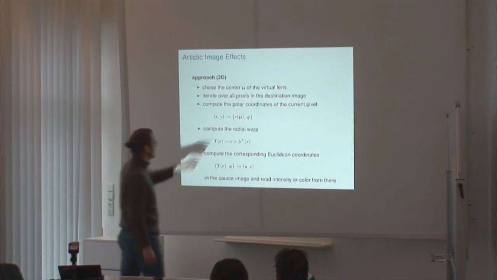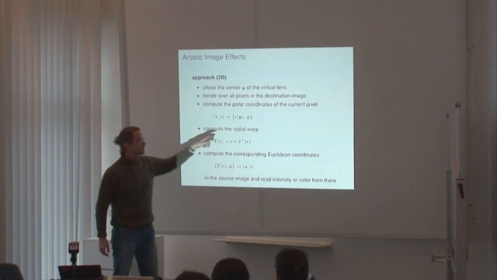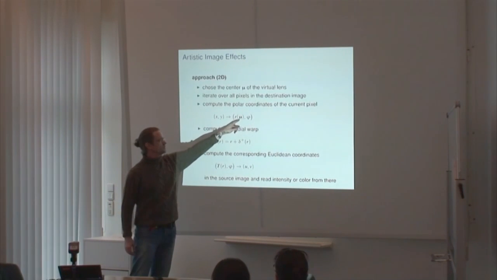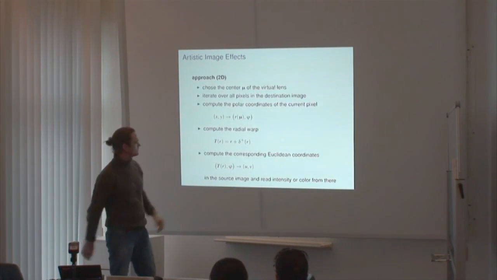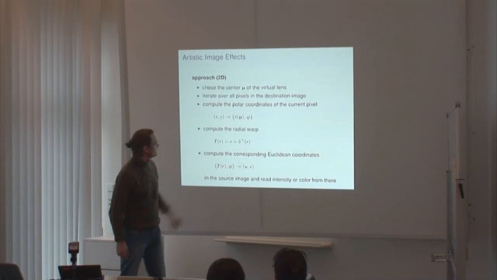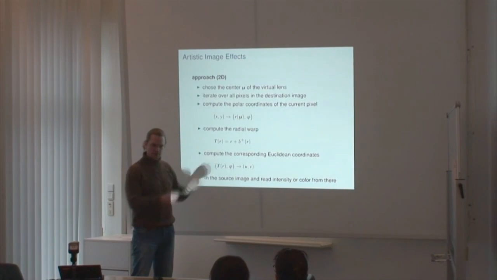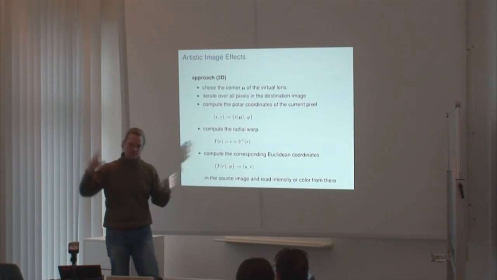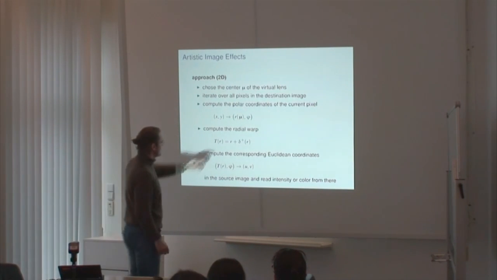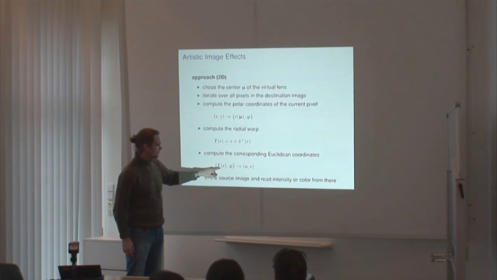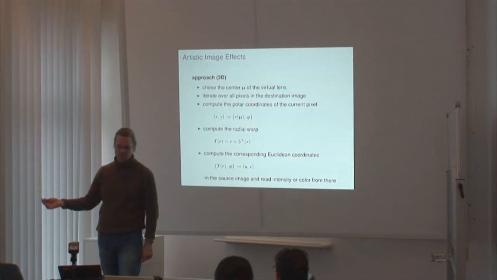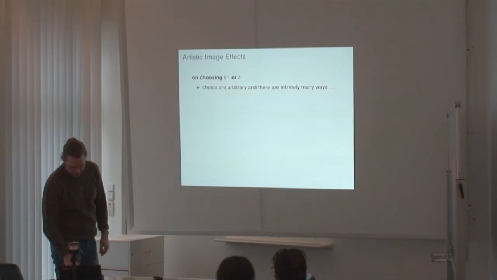They compute the angle phi and radius r of the current xy coordinate in the new image with respect to the center of the lens. So we go from Euclidean coordinates to polar coordinates, and then something is done to the radius value. This is what we discussed for the one-dimensional case. Once the radius has been warped, they go back to Euclidean coordinates and interpolate and read the value from there.